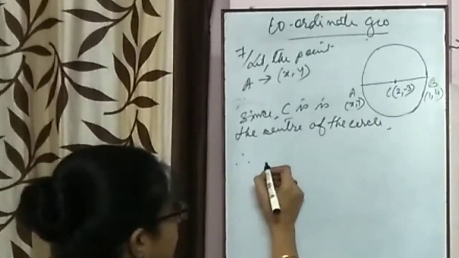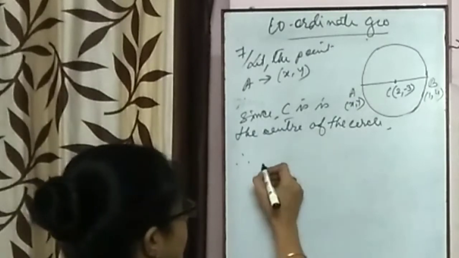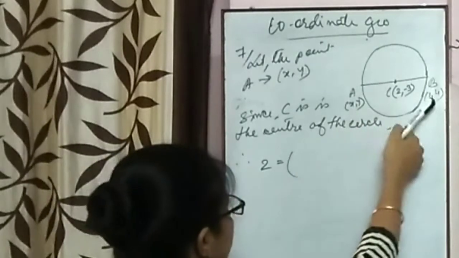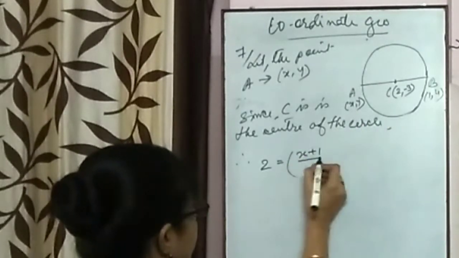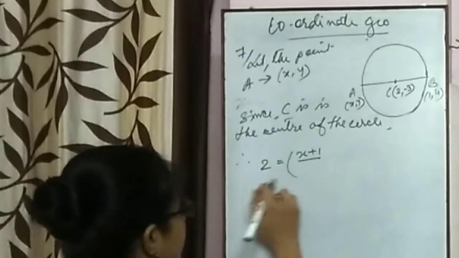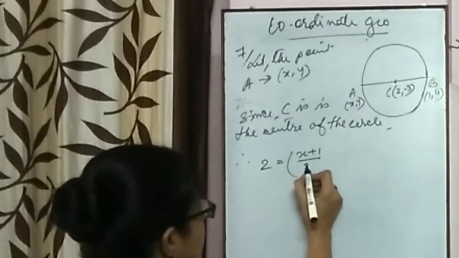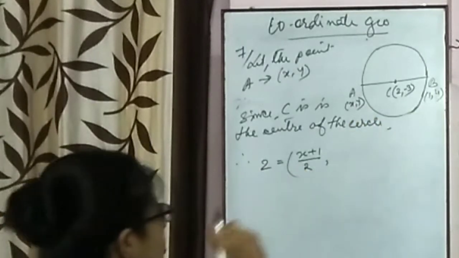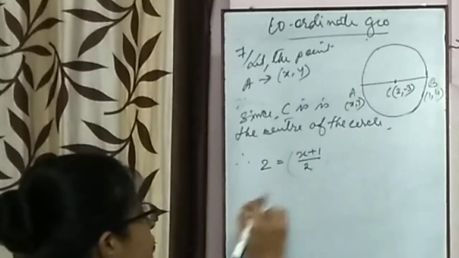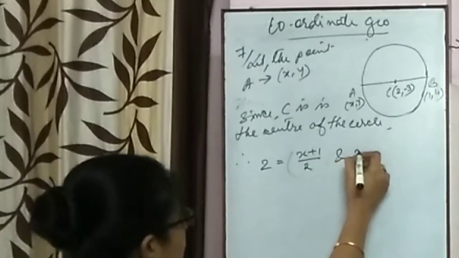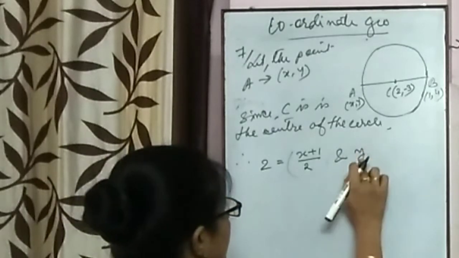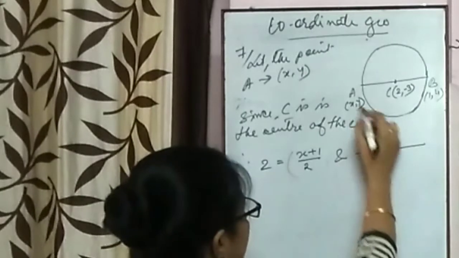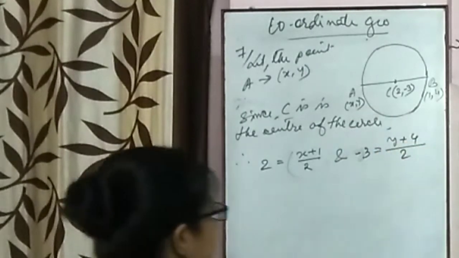So the x coordinate 2 is equal to (x + 1) by 2, and y, sorry, -3 is equal to (y + 4) by 2.